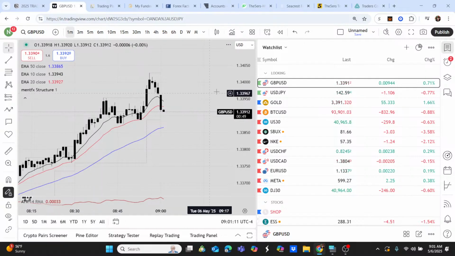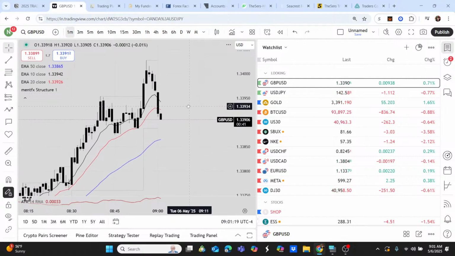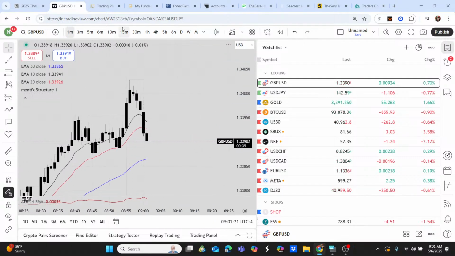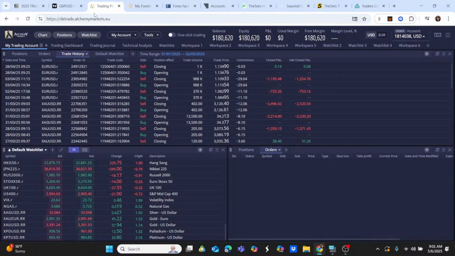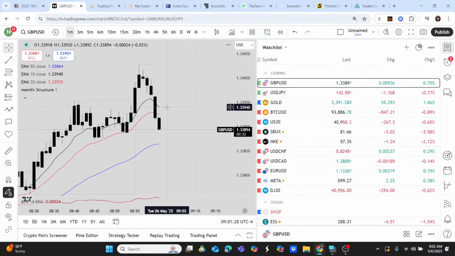I started off with a nice, actually, I'm not going to tell y'all because I got my trade copier connected. I'm going to just be showing the. Actually, I would have to. Never mind. It doesn't matter.